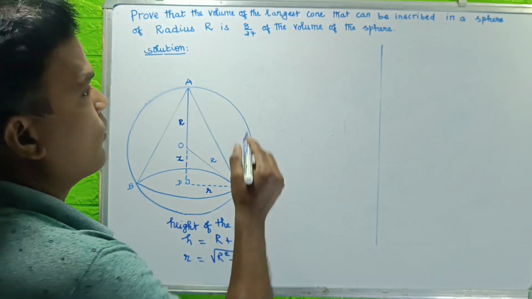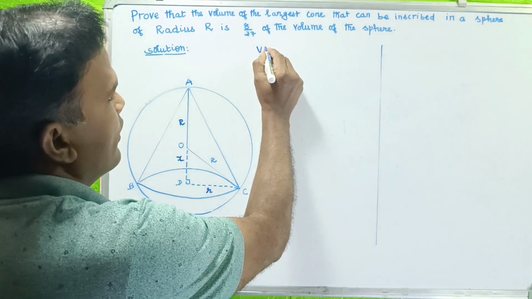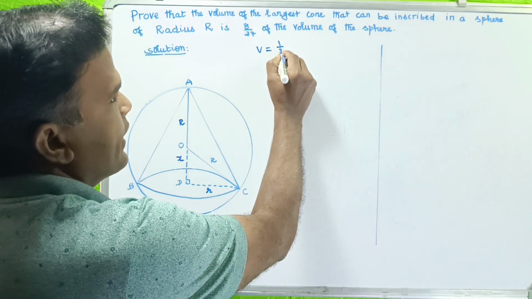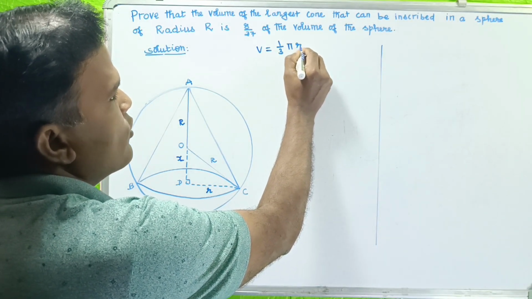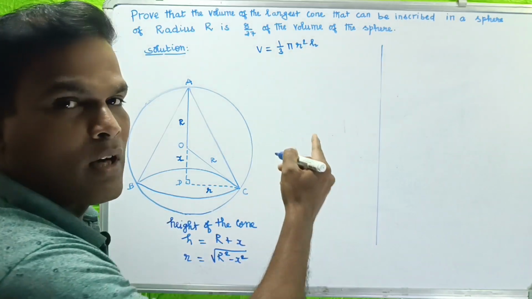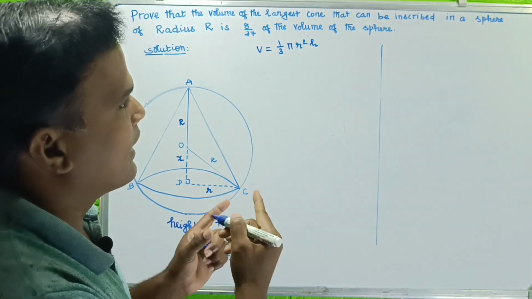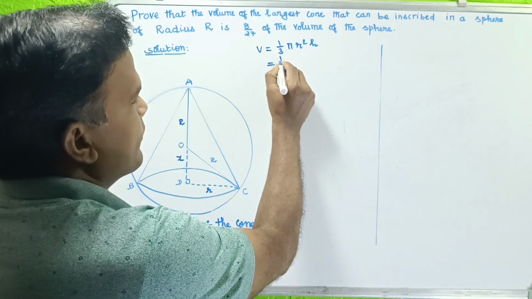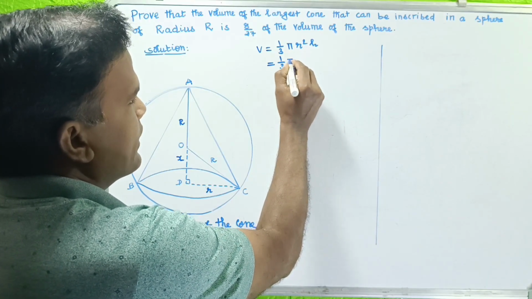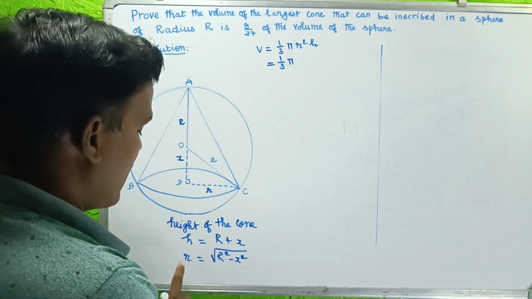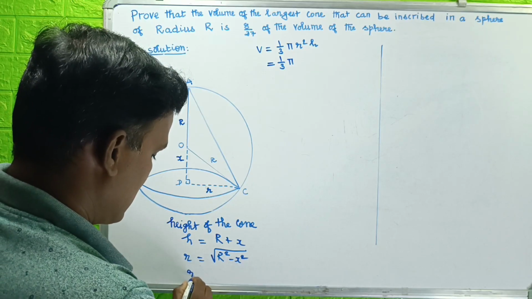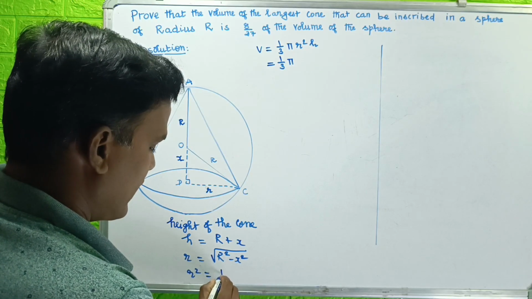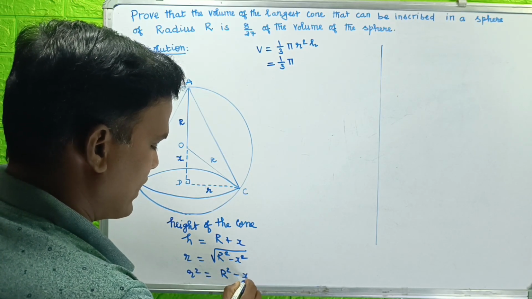So the volume of the cone V is equal to 1 by 3 pi r square h, where small r is the radius of the cone and h is the height of the cone. So which is equal to 1 by 3 pi into, what is r square? r square is capital R square minus x square.